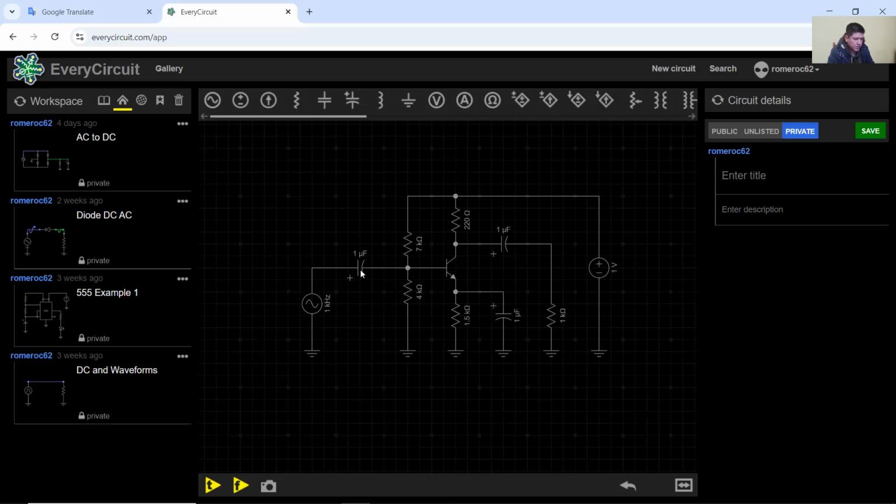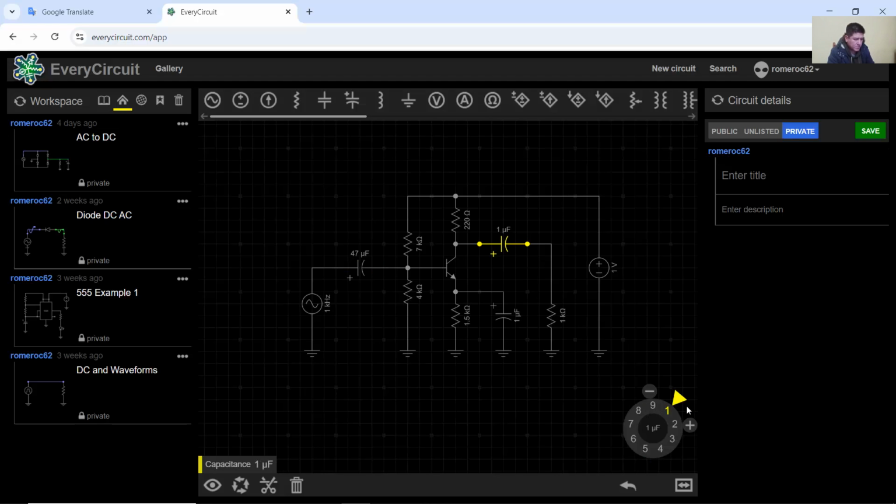And modify the values of the polarized capacitors. By default it is 1 microfarad and adjust to 47 microfarads.